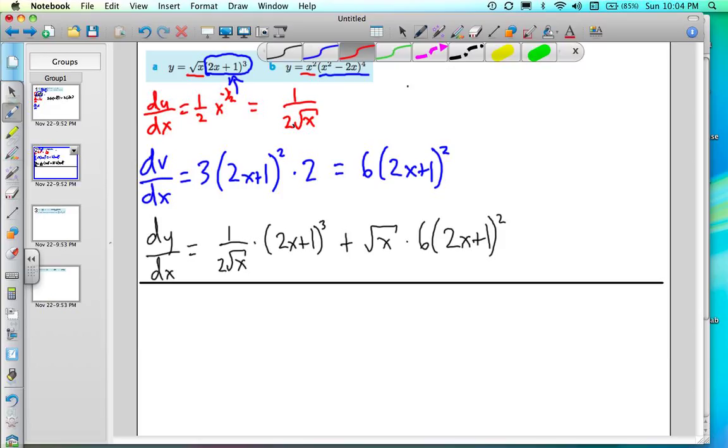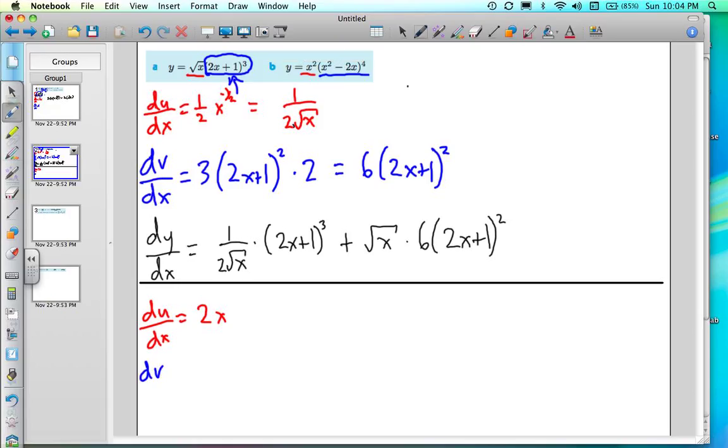So let's start with the first one. du dx is going to be equal to the derivative of the first, which is 2x, and that's it. Now let's do the other one. dv dx. Remember, this is going to be the chain rule again.